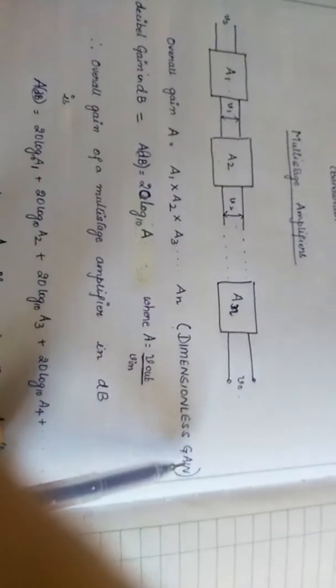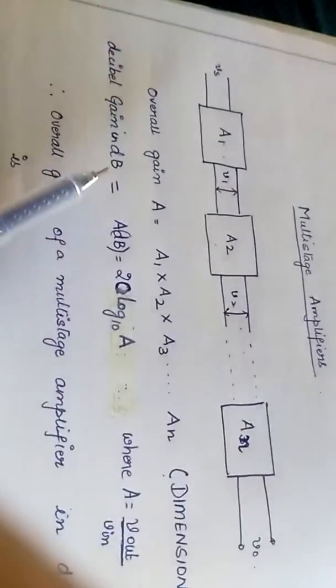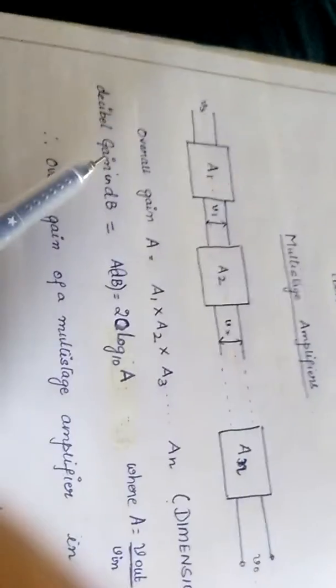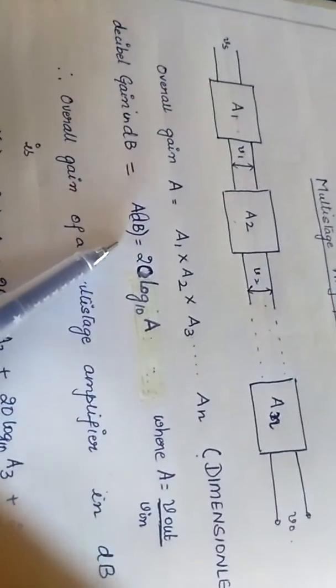So, in order to do this, the dimensionless gain. What is dimensionless gain? It is simply the ratio of output voltage to input voltage. Okay. So, the gain in decibels. How is this defined? The voltage gain in decibels is defined like this.